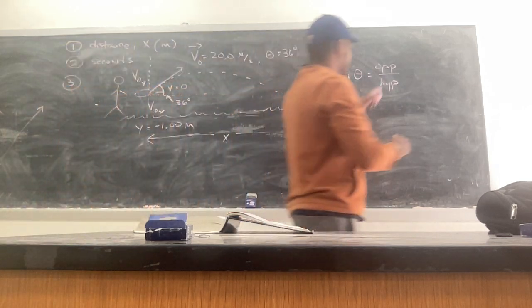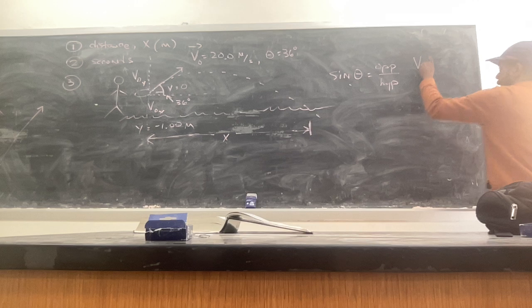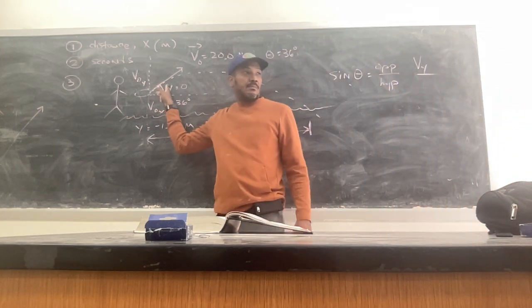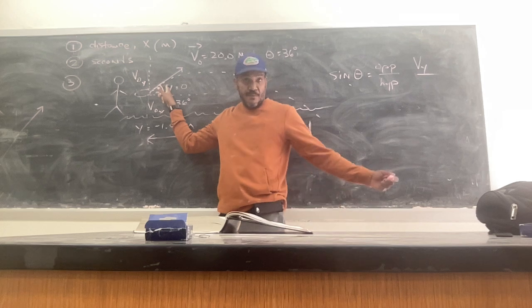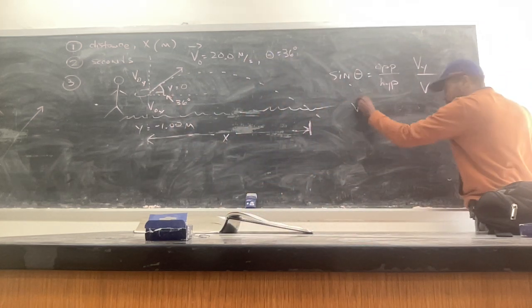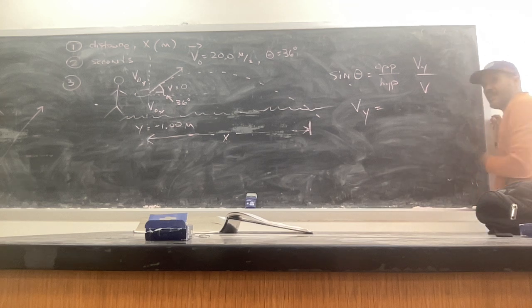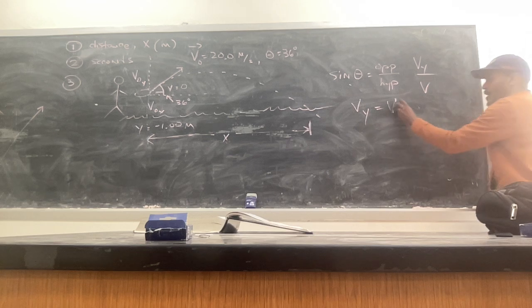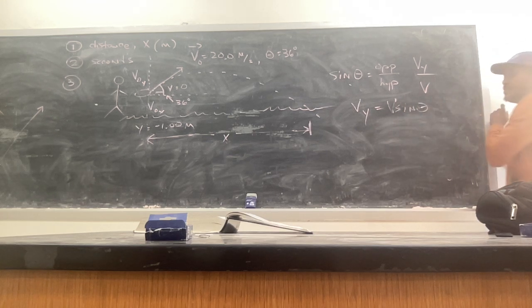So this is Vy right here. What's the hypotenuse? V. So the y component, Vy, equals what? V sine theta. Now you just plug it in, right?